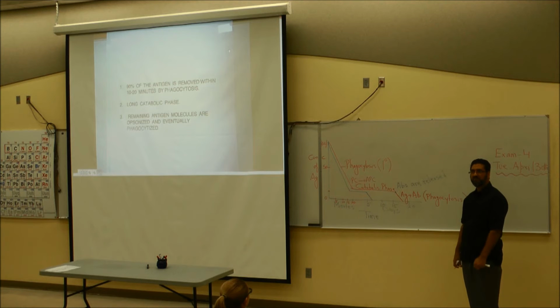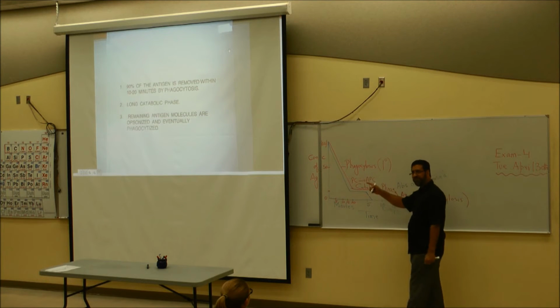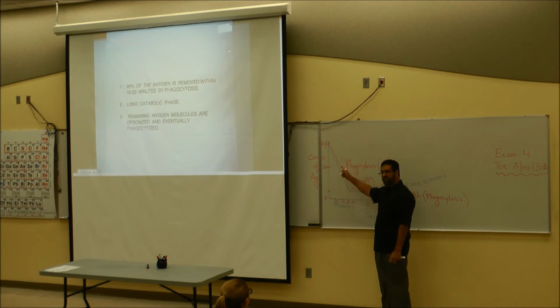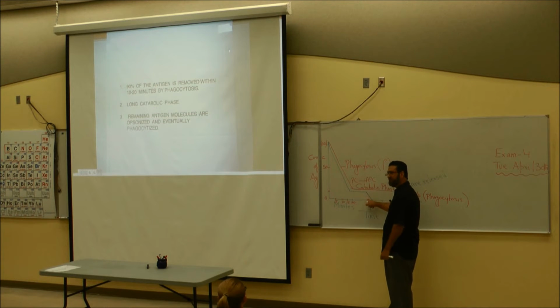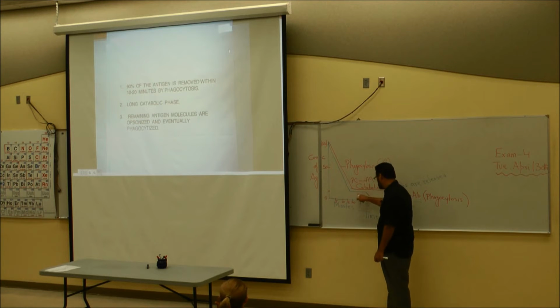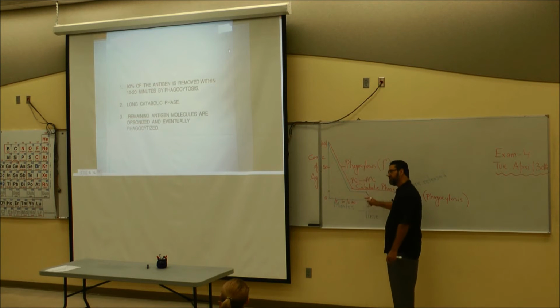Secondary immune response. To the same bacteria, you went to the same shop, you ate the same dirty hamburger again, sorry. But this time, you have the memory cells. Your catabolic phase, your response time, is much shorter. This time, boom, not 15 days, 7 days. So this is your secondary response, shorter time.